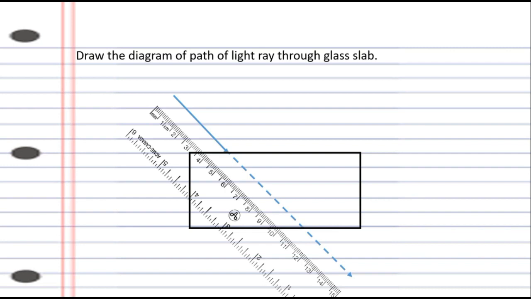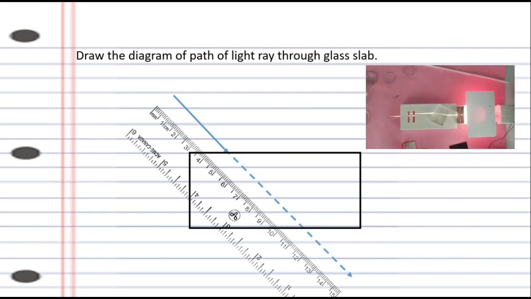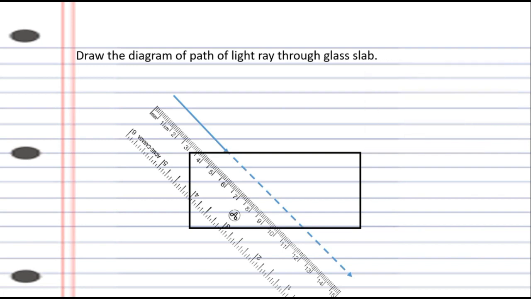If you draw a straight line, it means there is a light ray going straight through this glass slab, which doesn't happen. So you have to draw the dotted direction of the incident ray.